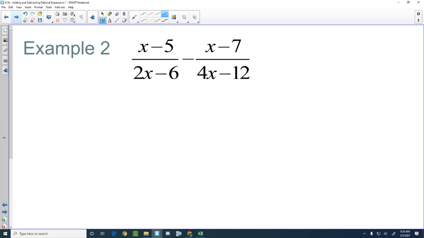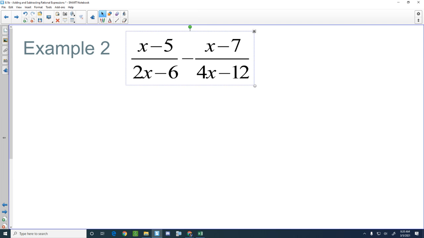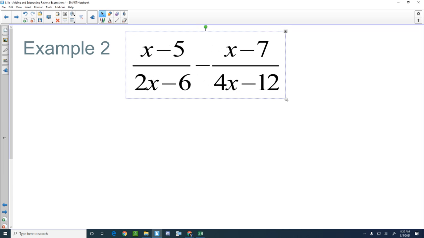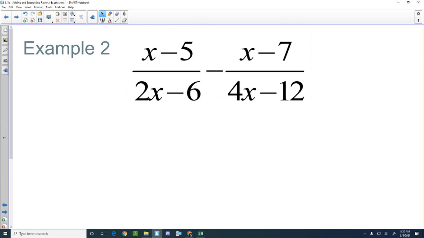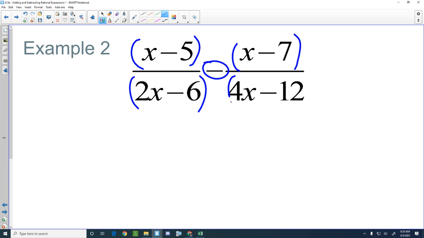All right, so try this one on your own, everybody. Note that it is subtraction. When I write this down, I would highly suggest writing parentheses around every one of those numerators and every one of those denominators.